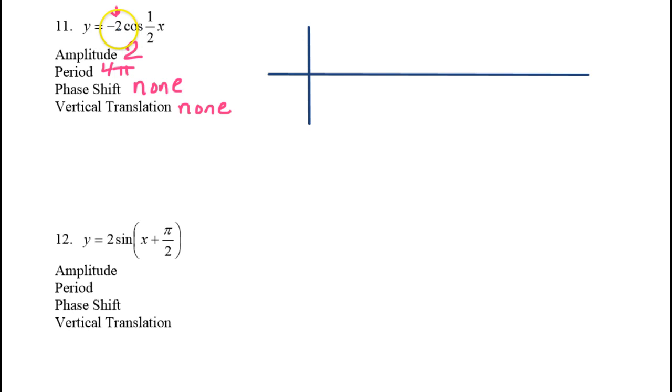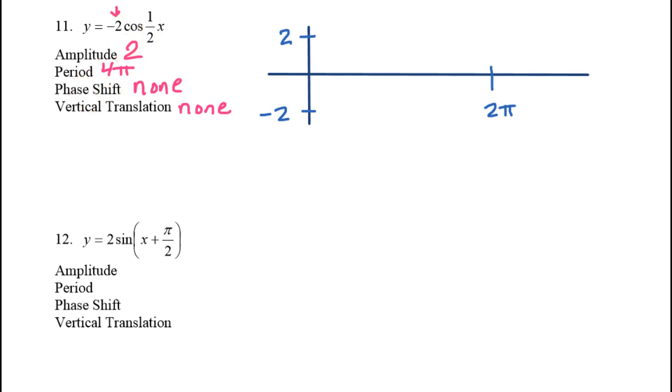Now the amplitude is 2, so I can go ahead and say 2 and -2 on the y-axis. Now I'm going to come out to here and I'll go ahead and call this 2 pi. Since there's no, well, no, that's wrong.